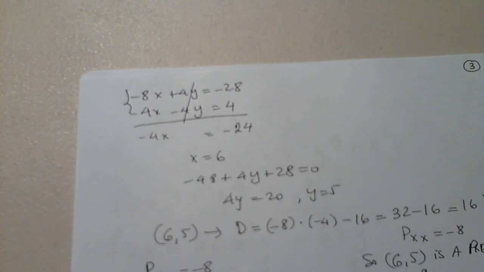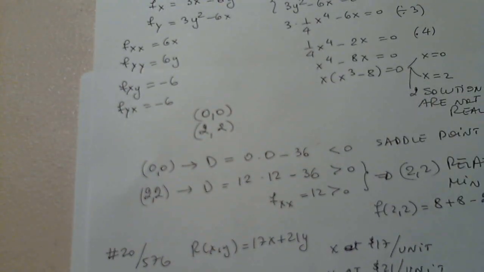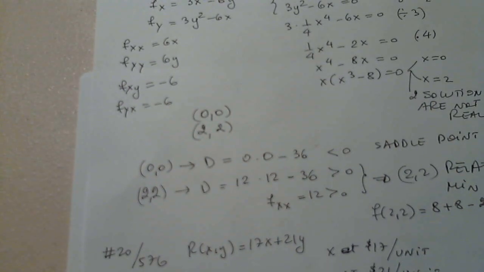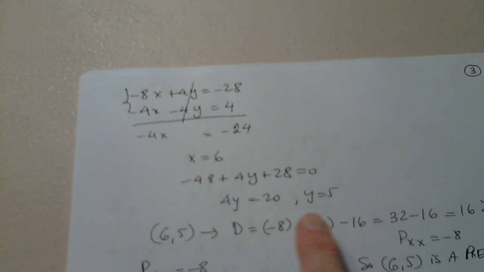I don't care for the number, it's positive, and pxx is negative, which means that this is a relative maximum. What is the relative maximum? I have to go back to the original function, the profit function, and plug them in. I plug in 6 and I plug in 5. 6 for x, 5 for y, and I get this number. Because it's in thousands, I wrote 77,000. That's how the d-test works.